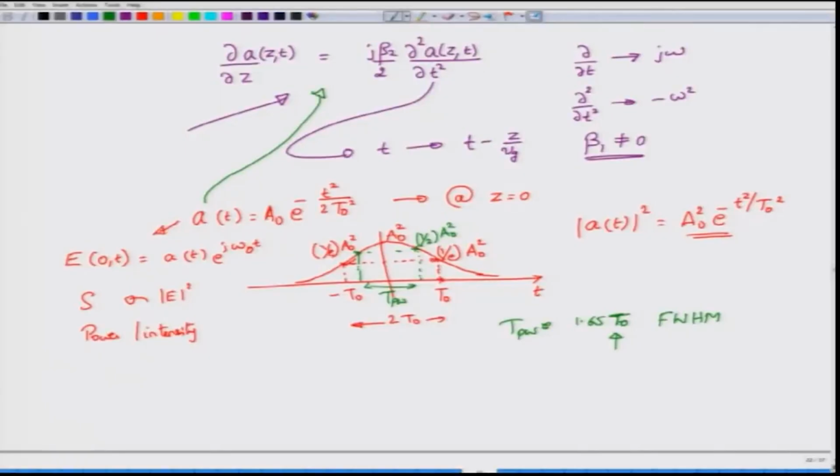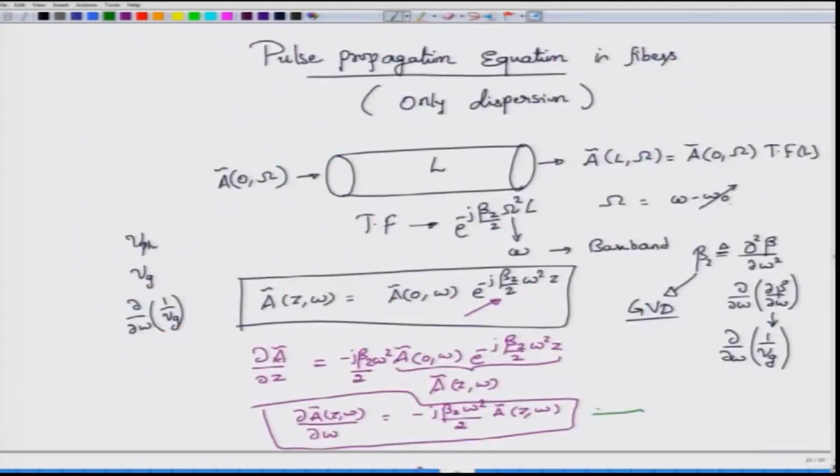Okay. So, how do I go and solve this equation? Instead of solving it directly, I will use something that I already know. I am going to take the Fourier transform and then multiply by e power minus j beta 2 by 2 omega square z, and then take the inverse Fourier transform to obtain A of z t.